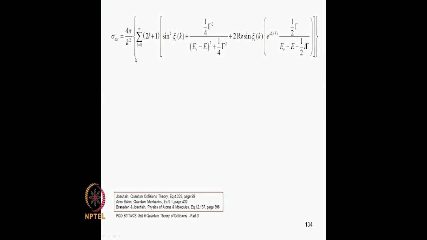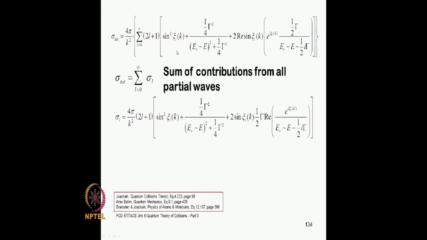And then you have got a sine square xi which is coming from the background, and then you have a sum over partial waves of all quantum numbers L going from 0 to infinity. You have got all of these terms in the Lth partial wave. So this is the scattering cross section contributed by a particular partial wave with quantum number L.